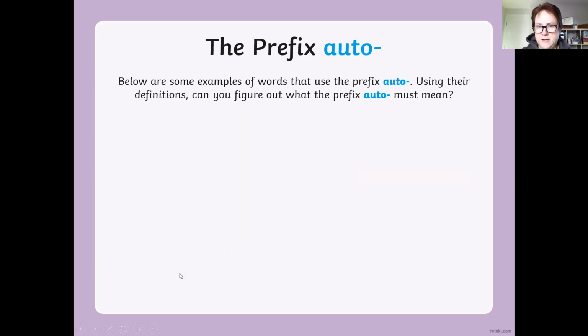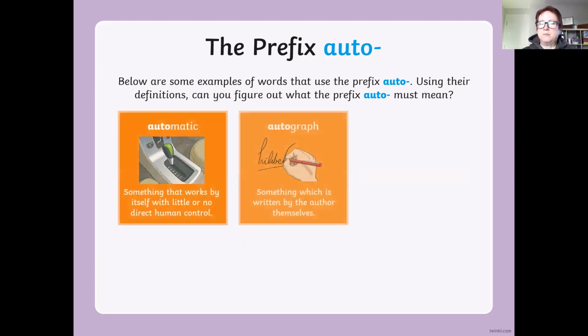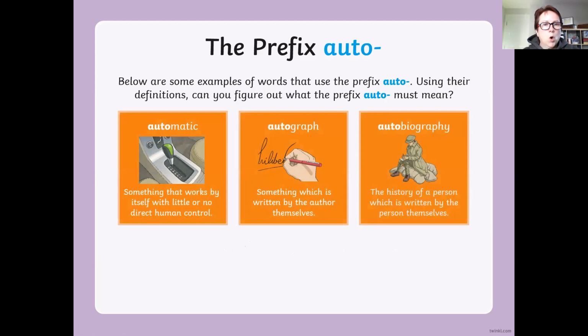Let's look at auto now. Let's have a little look to see what examples we've got to see if we can work out what auto means. Again, I know I told you earlier on, but see if this helps you. Automatic, something that works by itself with little or no direct human control. Autograph, something which is written by the author themselves.